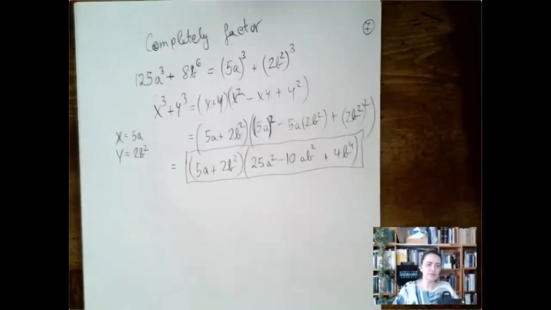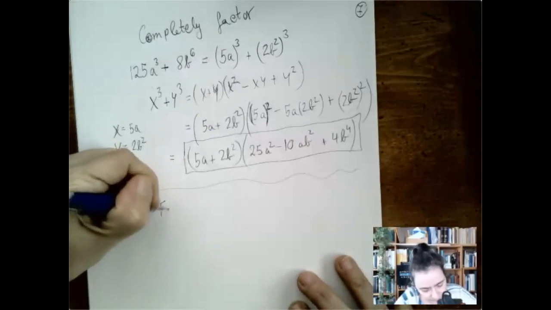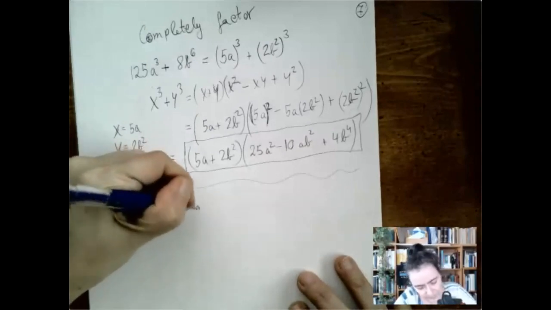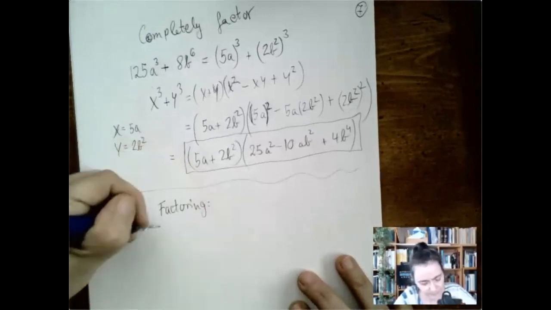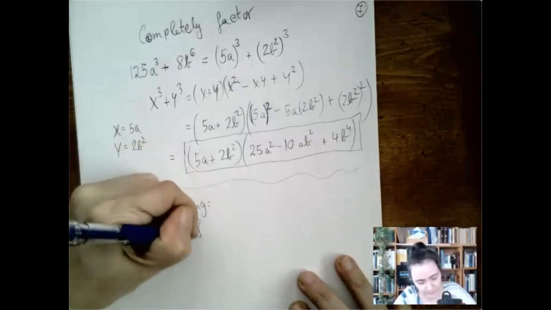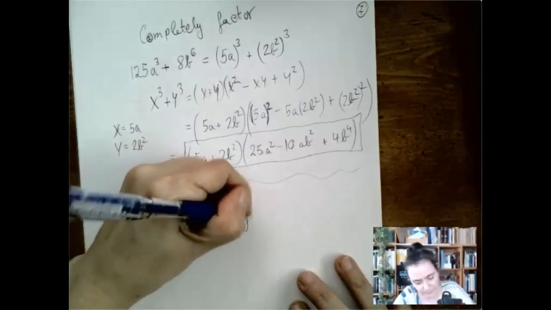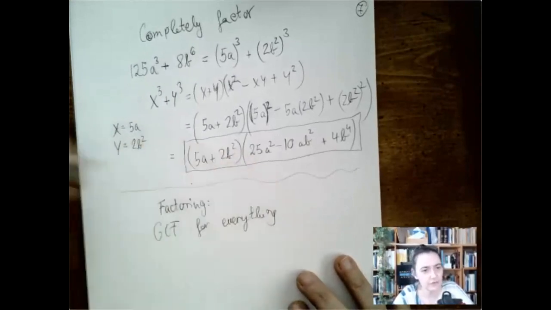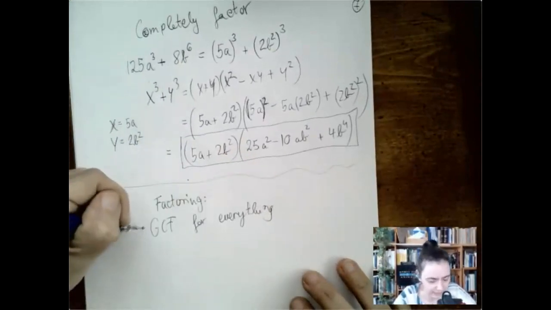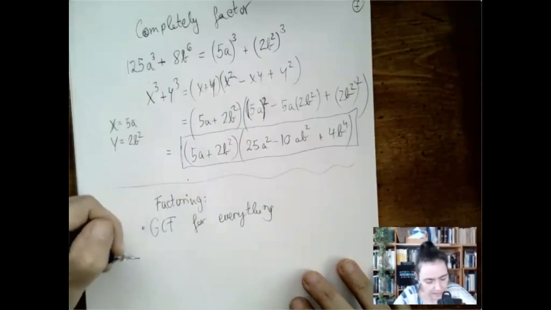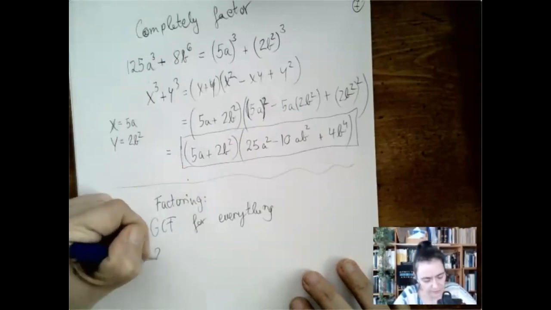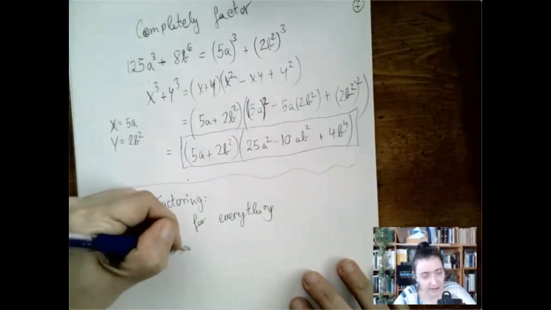Okay, so that was the last factoring technique over the integers. So we have the GCF for everything. The GCF is sort of the first step in every factoring technique. And then if it has 2 terms, now we know 3 of them.